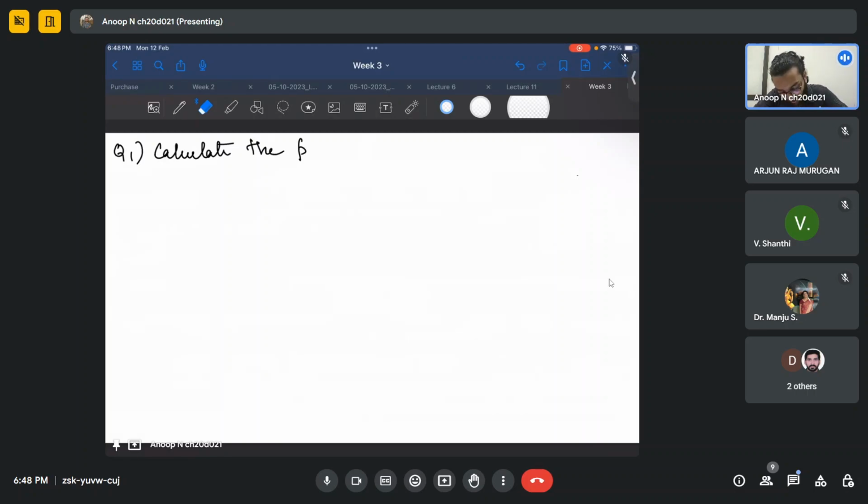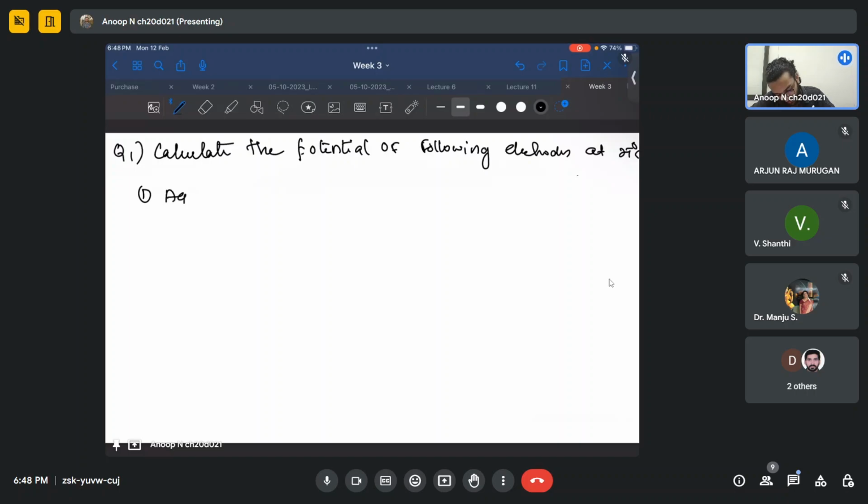So calculate the potential of the following electrodes at 25 degrees centigrade. The first one is Ag bar Ag plus with activity of 10 raised to minus 5.